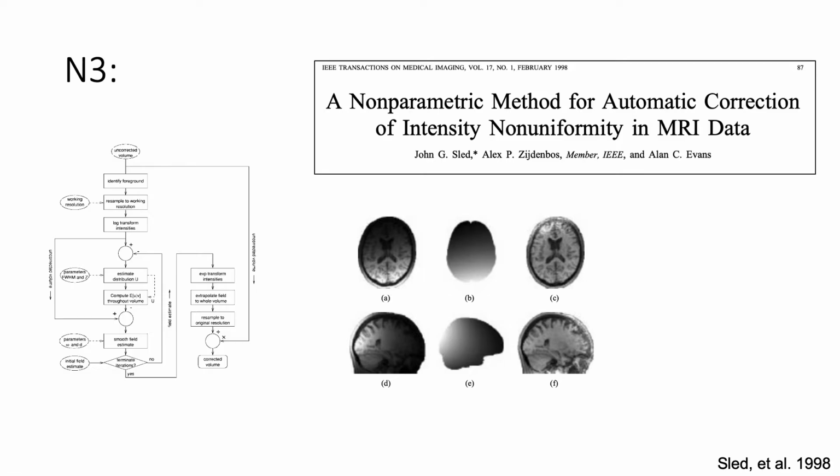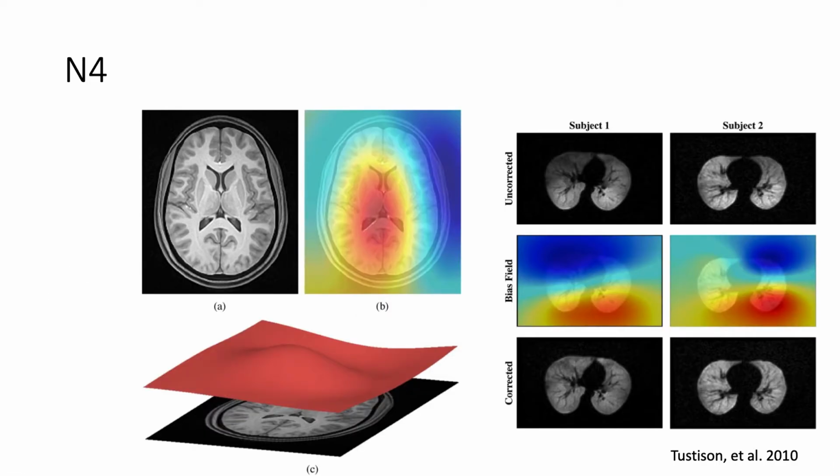And then there's just been advancements with it. This is the N3 version of it, and then they did an N4 version of it, and basically modified it with smoother algorithms to identify it in more of a non-parametric way. You can see here where some of that distortion is. I guess you can't see the 3D from that.